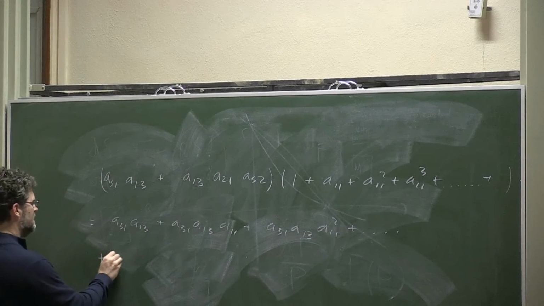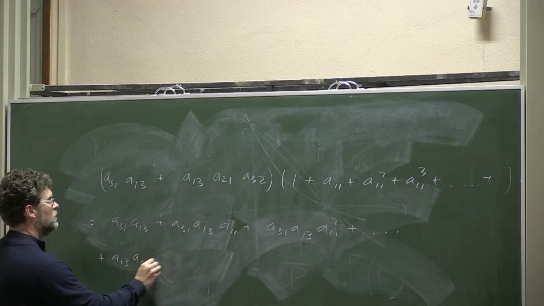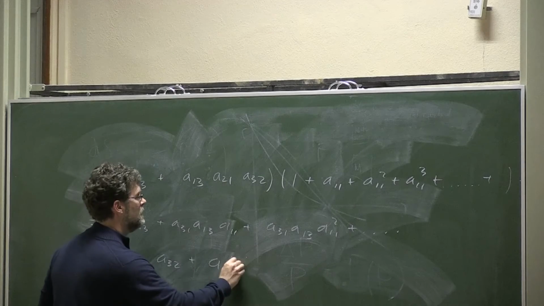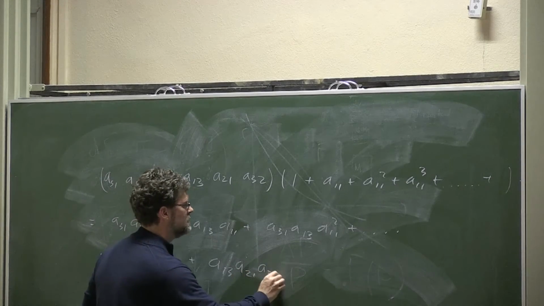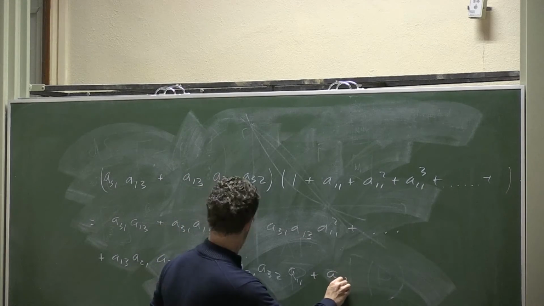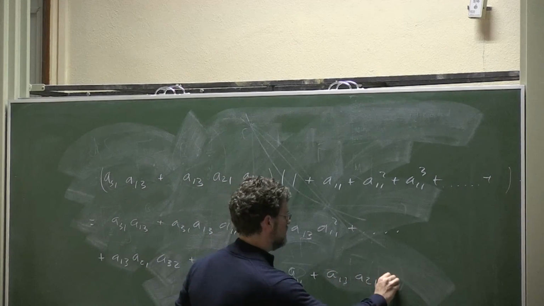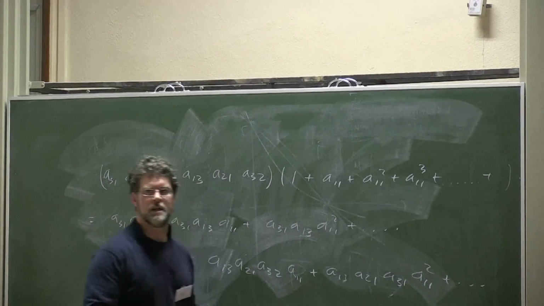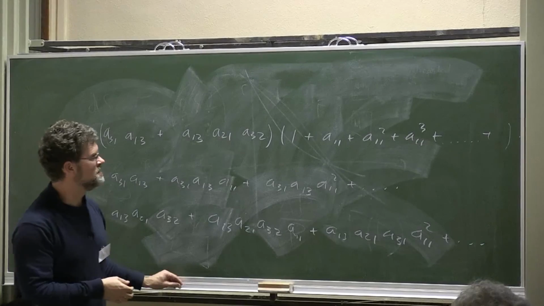And then there'd be plus A13 A21 A32, plus A13 A21 A32 A11, plus A13 A21 A32 A11 squared. And it would keep going like that, okay?